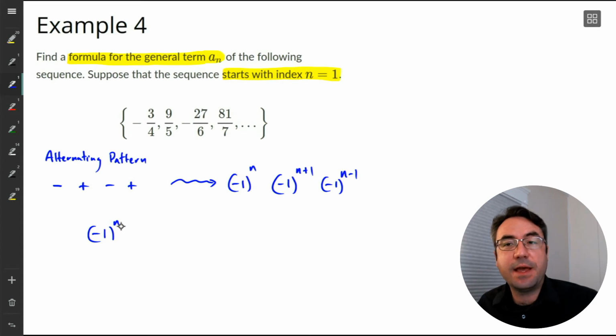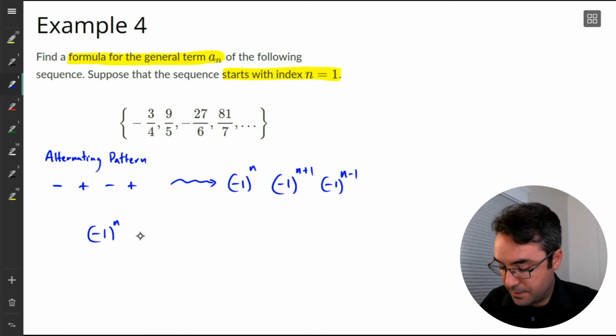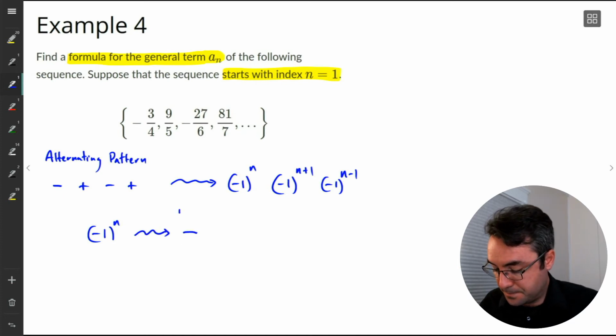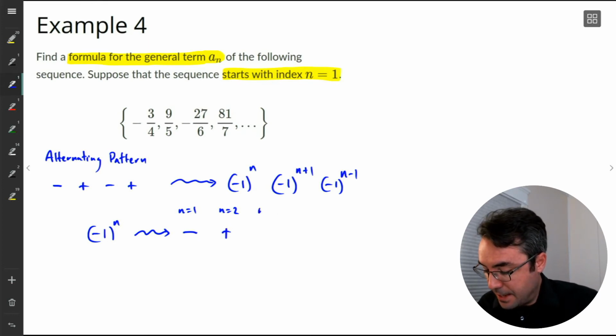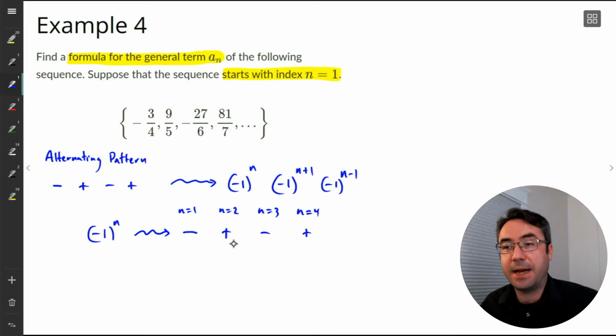Well, when I start with n equals 1, I'm going to have -1 raised to an odd power. So that gives me a negative. Then when I go to n equals 2, the next term in our sequence, I'm going to have -1 squared, which is going to be positive. And then you can continue on. We're going to end up with actually the correct pattern: negative, positive, negative, positive.